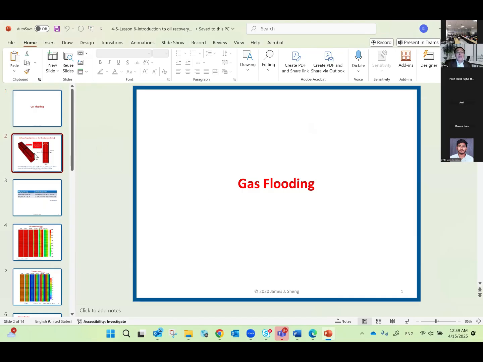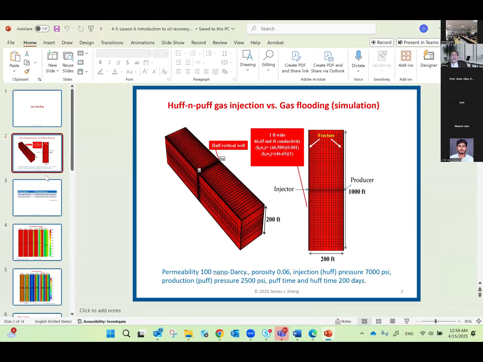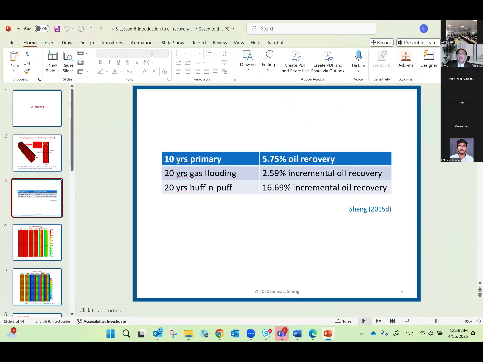Okay, so here we talk about gas flooding. We use the same model as I did for the Huff-n-Puff. And I mentioned earlier for the Huff-n-Puff that its incremental recovery is better than gas flooding.